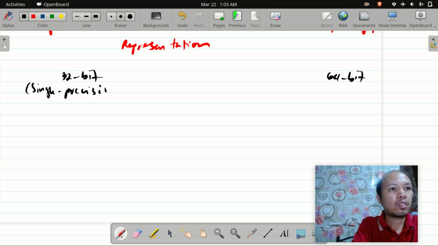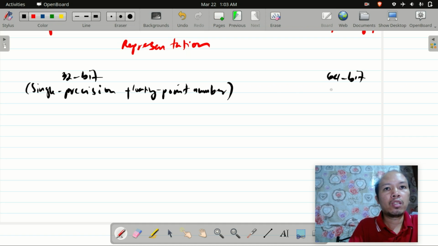If you have heard this word, single precision floating point numbers. In here we have double precision. Why double? Of course, 32 plus 32 is 64.